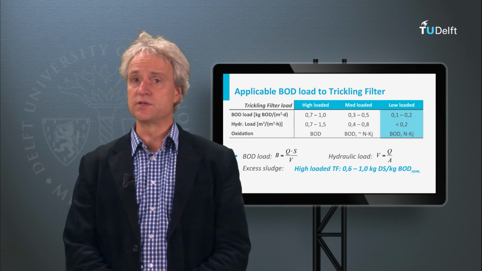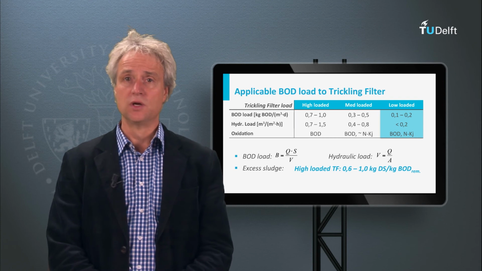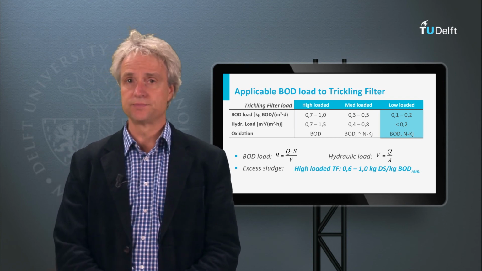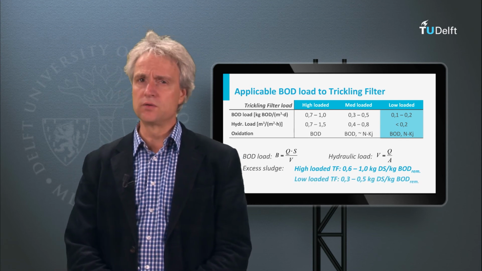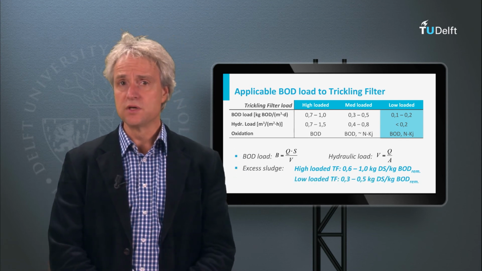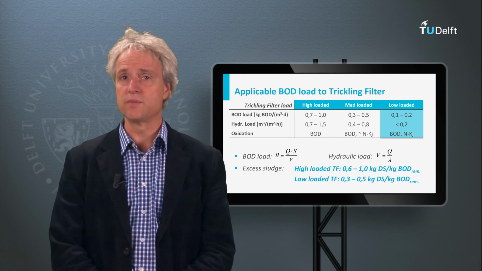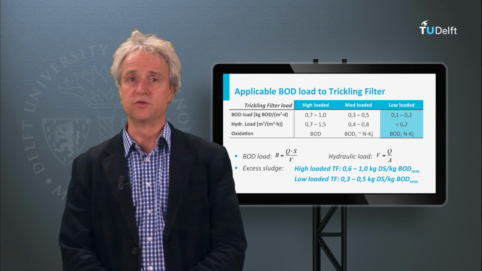If the hydraulic load is insufficient for proper distribution or biofilm control, often effluent recirculation is applied. Note that in low-loaded systems, much less sludge is being produced, about 0.3 to 0.5 kg dry solids per kilogram BOD removed.